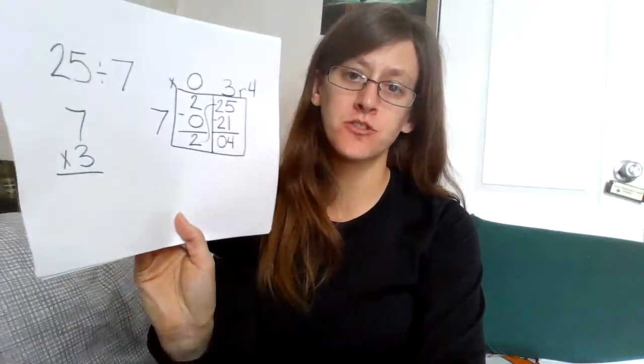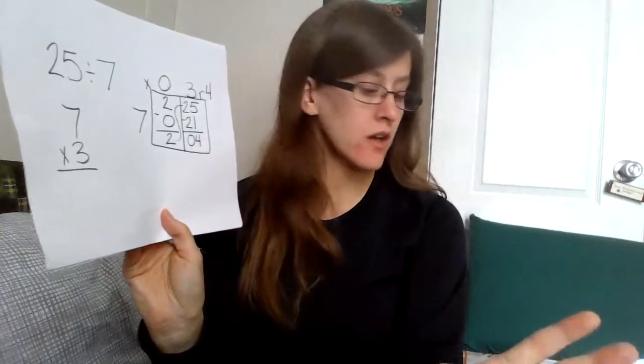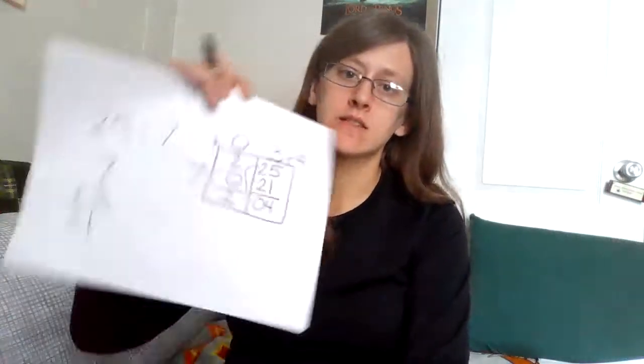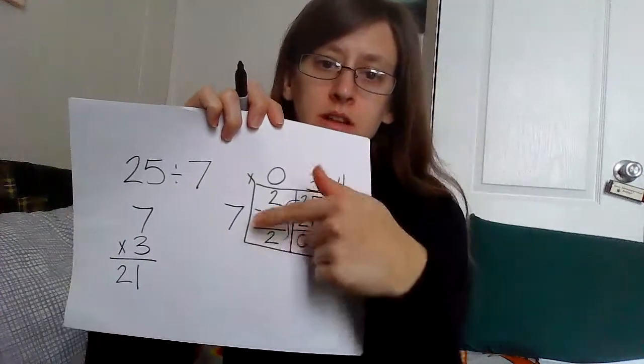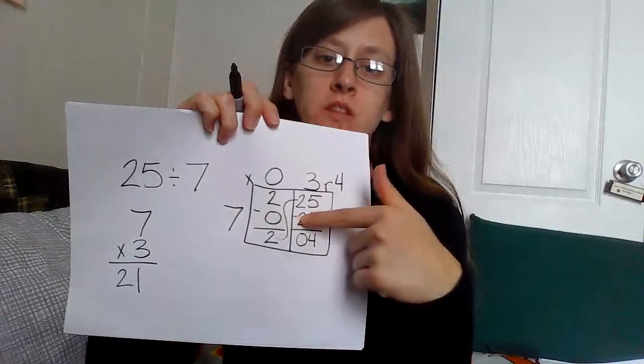So now you need to check. My divisor is 7. I had 3 total groups, so you have 7 times 3. Use your chart, either your top, bottom, or your multiplication. 7 times 3 is 21. That's the inverse of division. And you also have to look at the inverse of subtraction, which is addition.